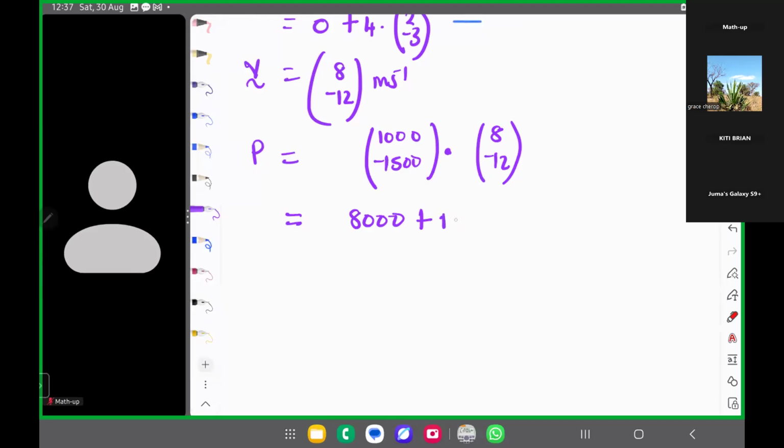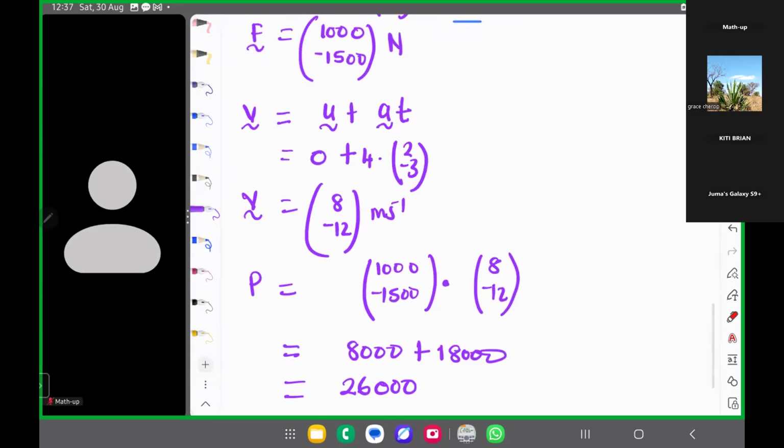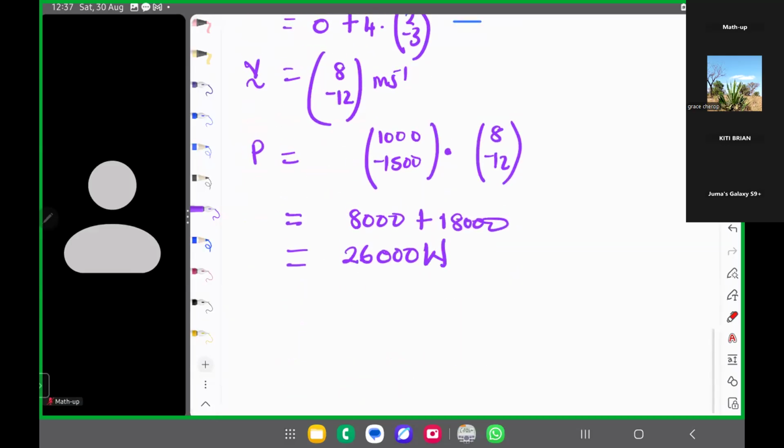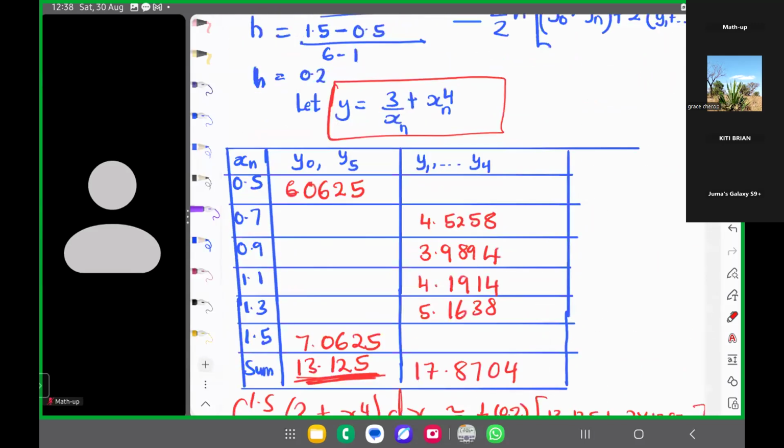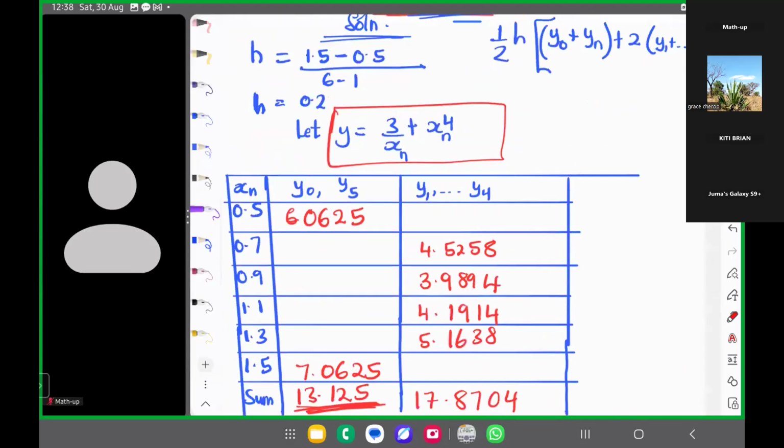It's 18,000. And we shall have our power as 26,000. We're working with our SI units, so those will be watts. So the power developed by that body after 4 seconds is 26,000 watts, which brings us to the end of question 8.